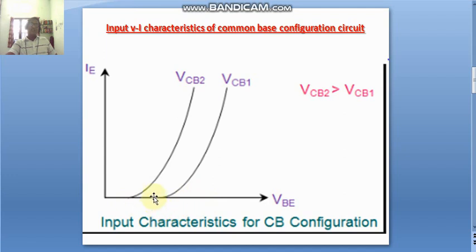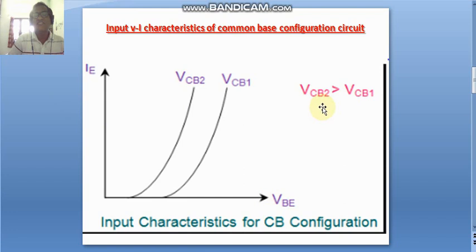If you take more readings and repeat the practical for different values, you get different curves. VCB1 is the first curve, VCB2 is the second curve, VCB3 is the third curve, because VCB is the voltage kept constant in the output while drawing the input curve between VBE versus IE.